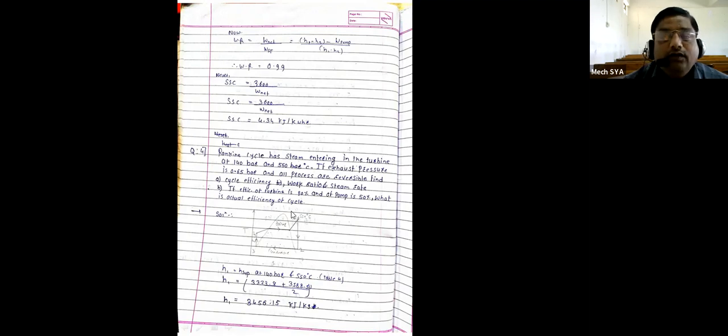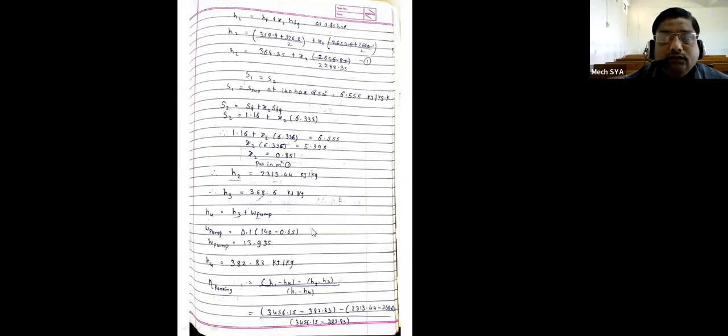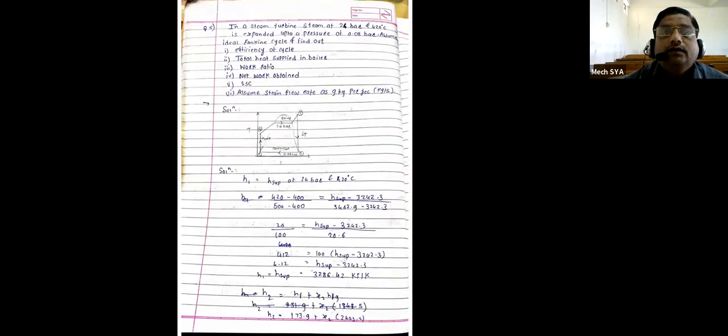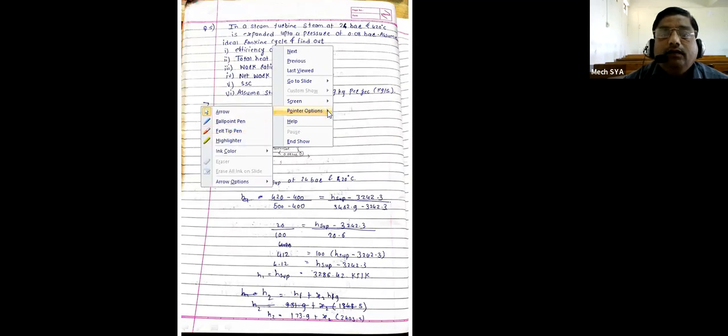Have we solved this numerical? Asmita? This was solved. This numerical I have given to you for homework. So earlier it was solved. This was the last numerical I wanted to take here.